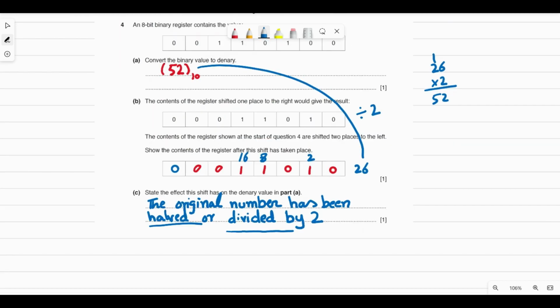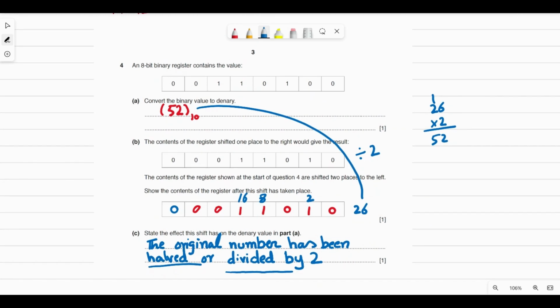Do we have another four places to the left? Sorry, luckily I had shown you one shift.